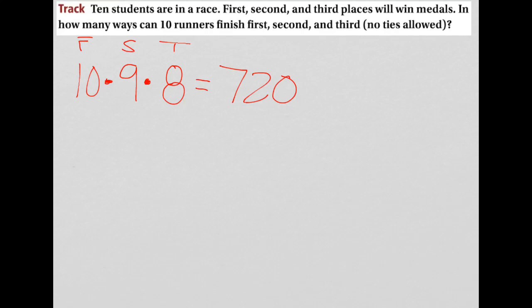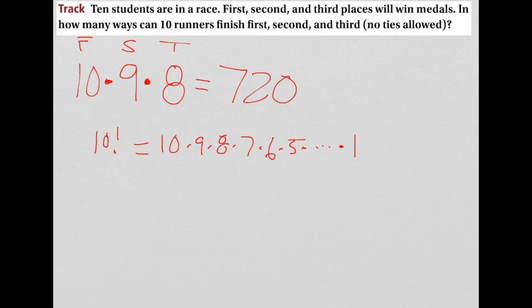So, to do that, let's pretend we had done 10 factorial. Well, this is not 10 factorial. 10 times 9 times 8 is the start of a factorial, but it's not quite there. If you think about 10 factorial, what we really have is 10 times 9 times 8 times 7 times 6 times 5, and so on, all the way down to times 1.